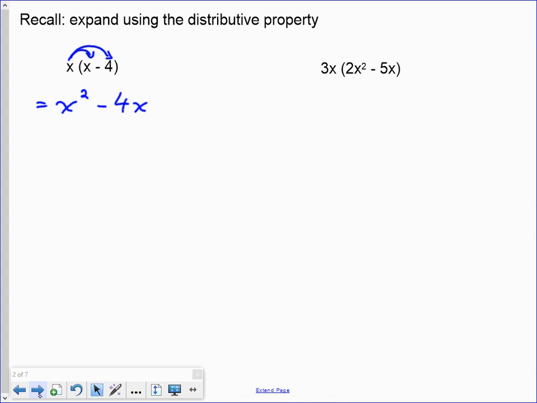So we're basically taking a product, two things multiplied together, the x times the x minus 4, and turning it into a polynomial, a sort of list of terms. And this is called expanding.